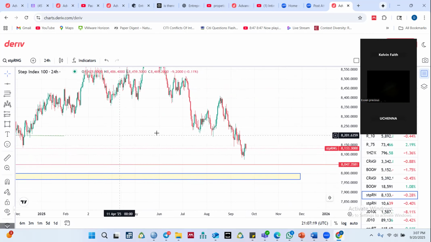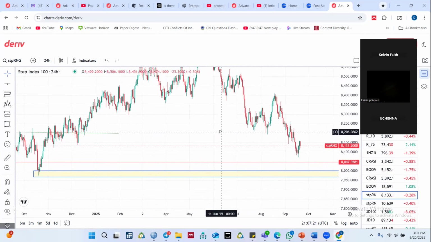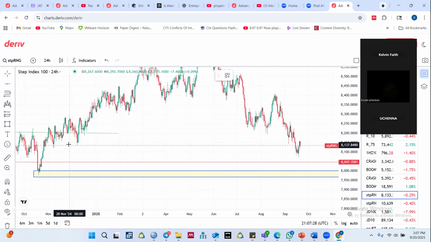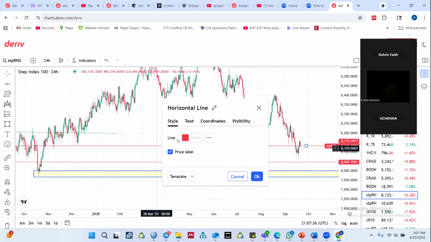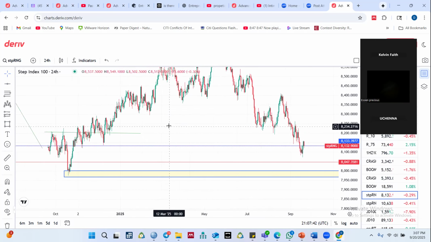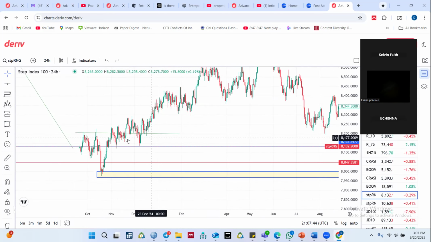Now, the moment price comes back, it comes to sweep the 38%, which is around this area. Let me put a blue line there because you could see that price has used that area to go up.